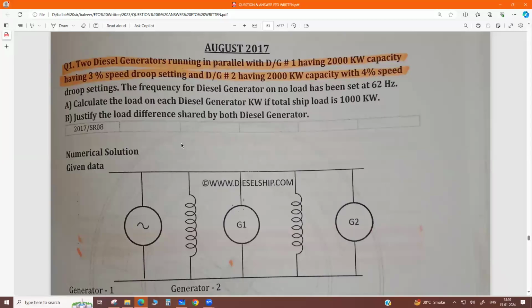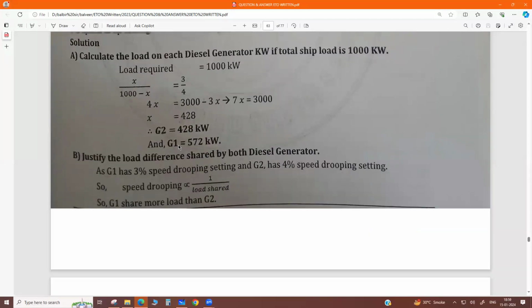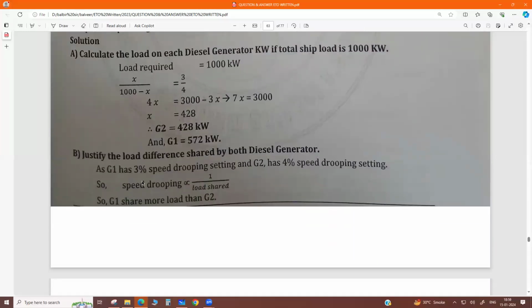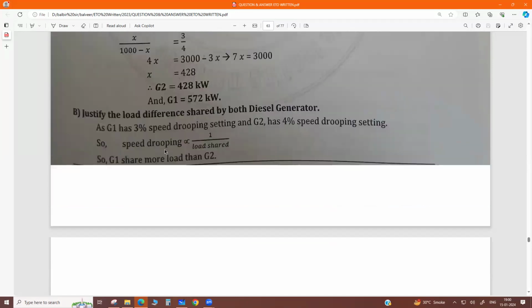Sir, for that question, part B, we just have to justify the answers, right? You just write that generator 1 has a lower droop setting, and load sharing is inversely proportional to speed droop. It is written here as the justification.